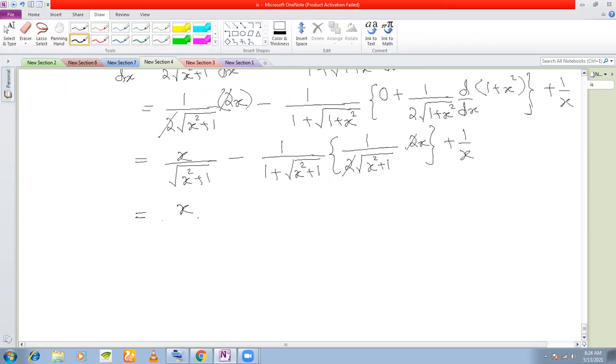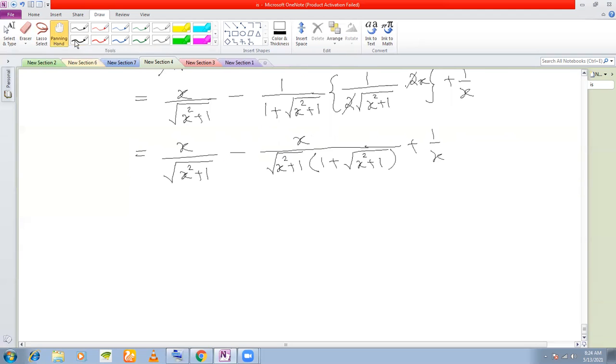So we have x by root x square plus 1 minus, and here you have in the numerator, you simply have an x. In the denominator, you have root over of x square plus 1 into 1 plus root x square plus 1, plus 1 by x. Okay.